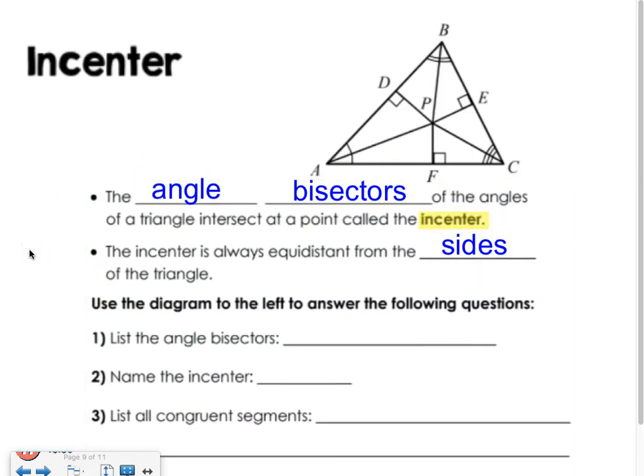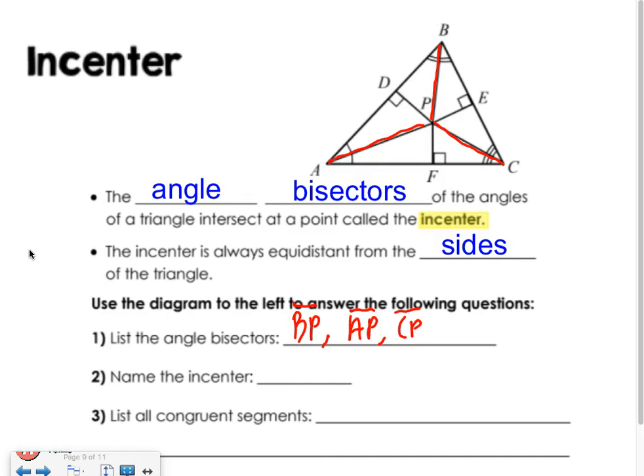What are the angle bisectors? BP is 1, AP is 1, and CV. Good job. What's our in-center?